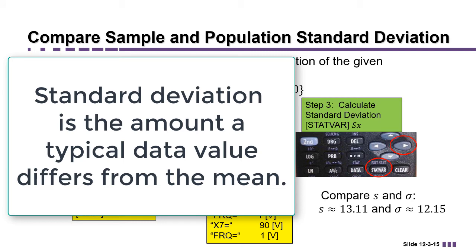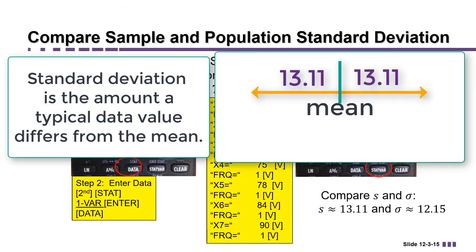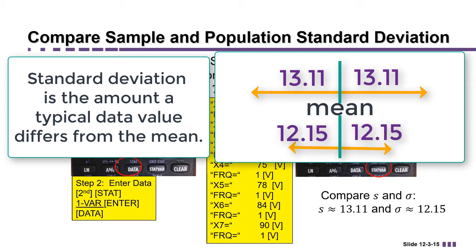And what standard deviation measures is the amount a typical piece of data differs from the mean. So if we say that the standard deviation is 13.11, we're saying that a typical piece of data is up to 13.11 units away from whatever the mean of the data set was. On the other hand, if we know we have all of the information about the data set, we don't have to give as much wiggle room.